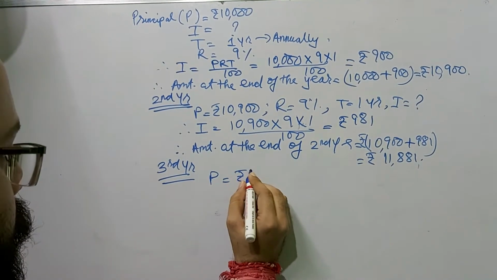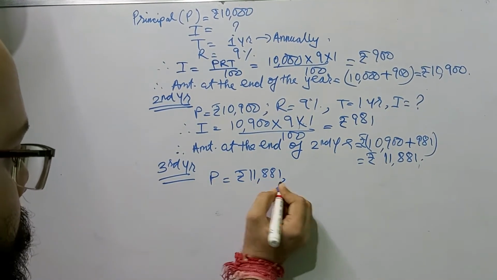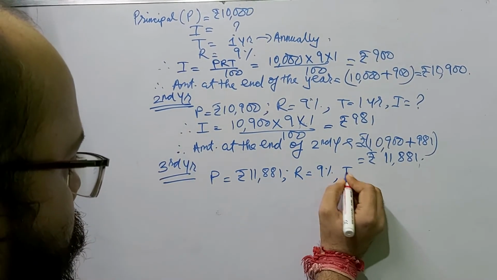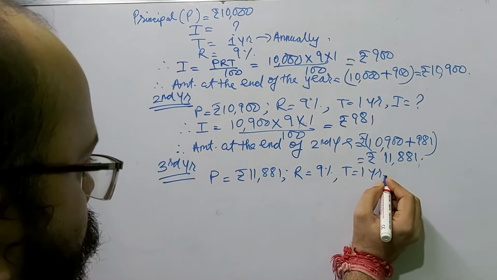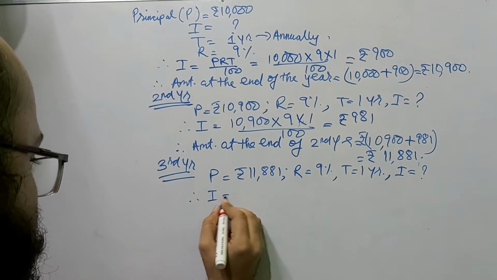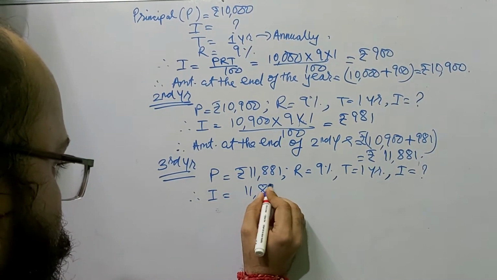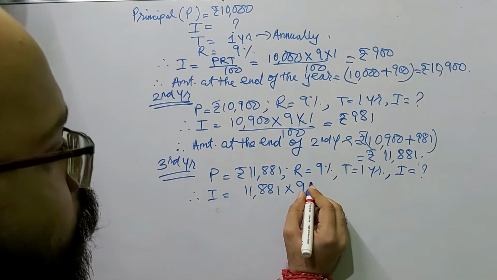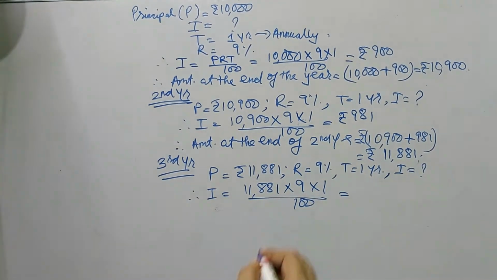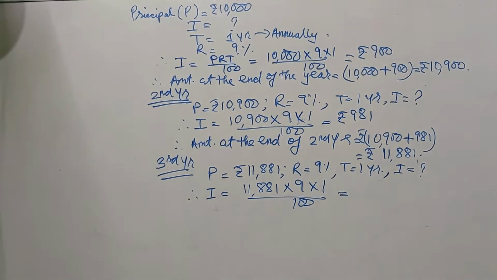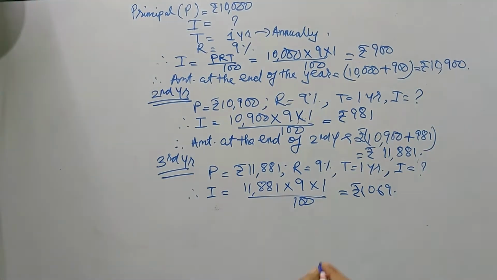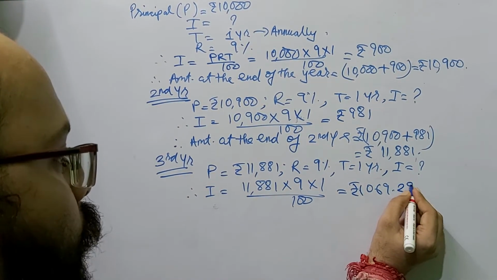Okay. Now for the third year, P will be this one, 11,881, R is 9%, T is 1 year. In the same way, I is 11,881 into 9 into 1 divided by 100, and we will get 1069.29.